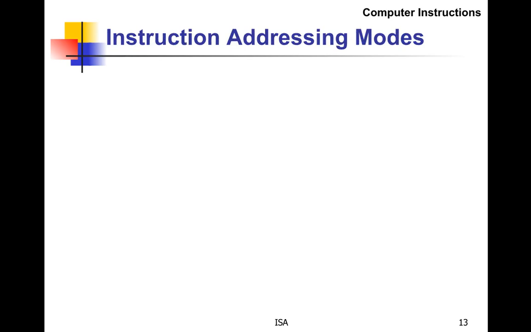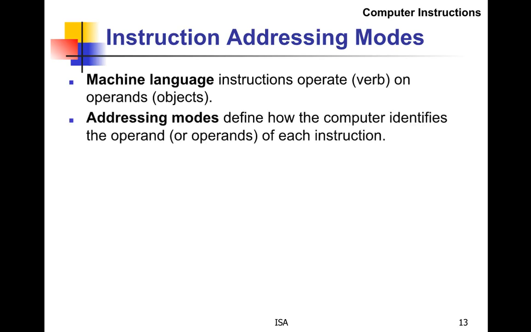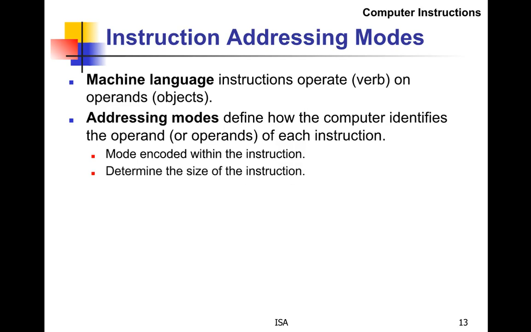The next thing is instruction addressing modes. Machine instructions operate, that's the verb, on operands, which are the objects. Addressing modes define how the computer identifies the operand or operands of each instruction. So you can have the mode encoded within the instruction.